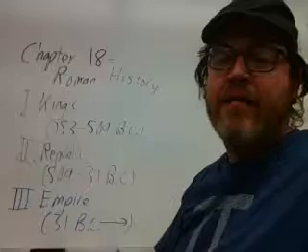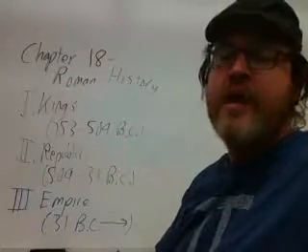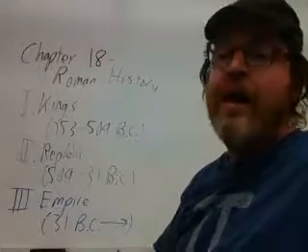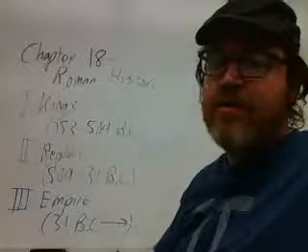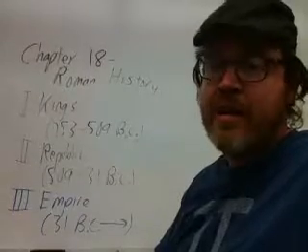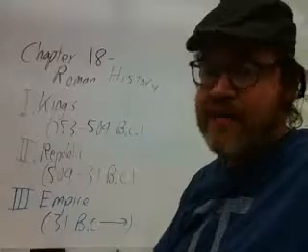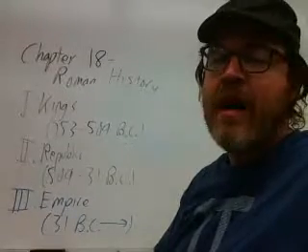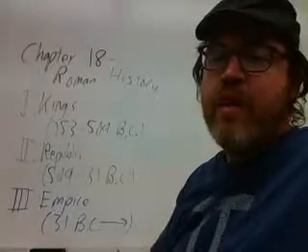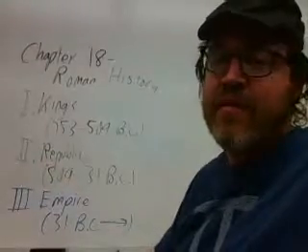753 BC was a date that was settled upon by Roman scholars as the date for the actual construction of the city of Rome. I'm sorry to tell you that although it was outstanding that the Romans did that erudite type of calculation to come up with such a date, unfortunately, it has no real foundation in fact, because we have archaeological remains pretty well defined in the area of Rome, and we can tell easily that there are Roman remains that well predate 753 BC.